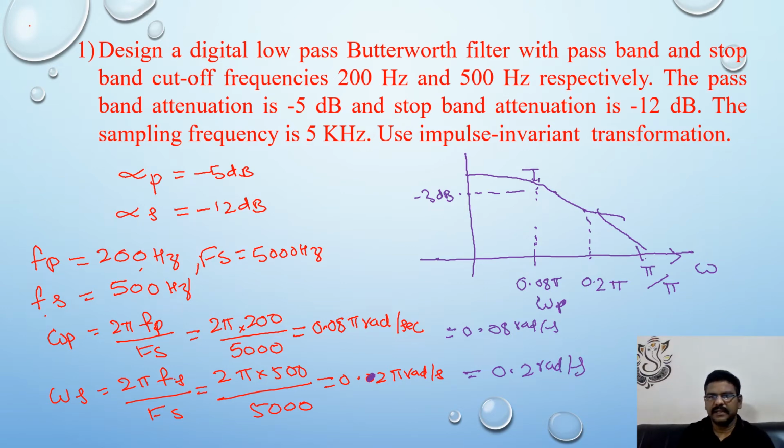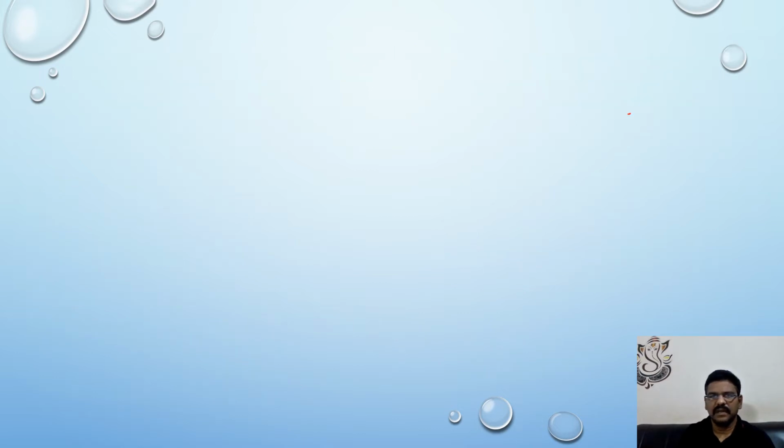Obtaining our digital angular frequencies from the problem is the first step. So what is the next one? From the problem I have my normalized digital angular frequencies: the passband angular frequency omega p is 0.08 and omega s is 0.2.